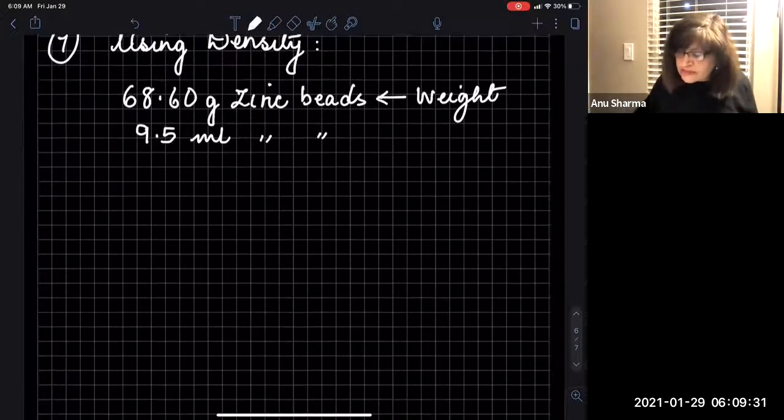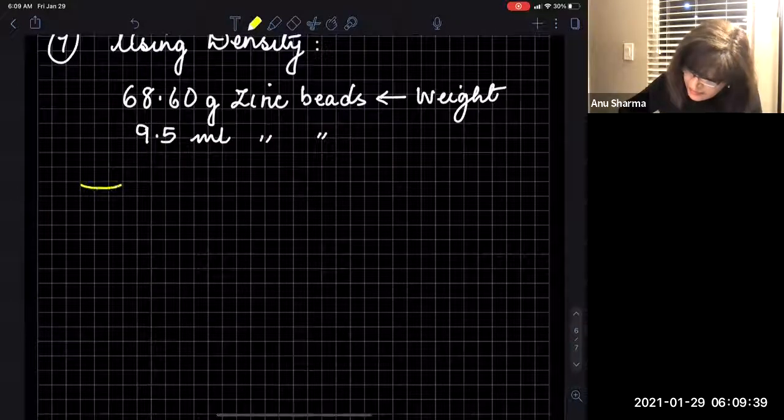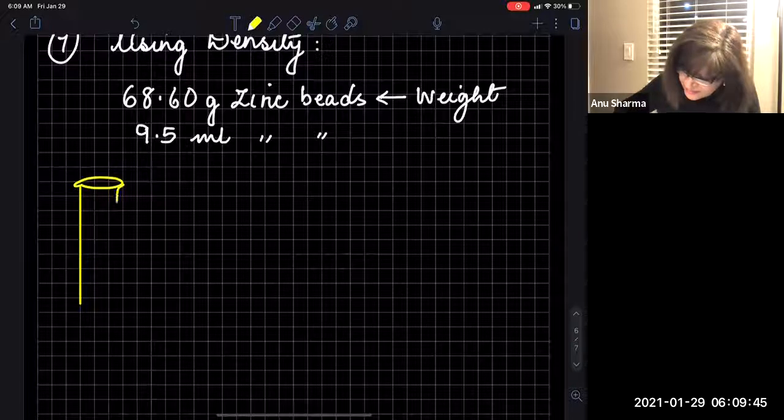But how do you get the volume? So for the volume, here's the method. Here is the graduated cylinder. This is a glass graduated cylinder, and it is labeled obviously. Here you will read the initial reading.